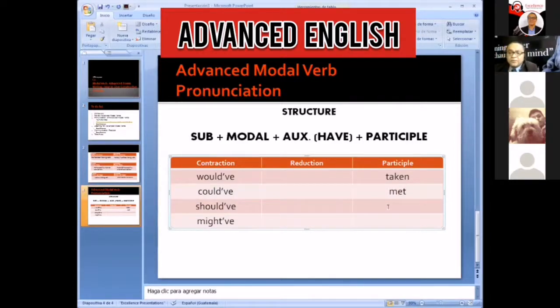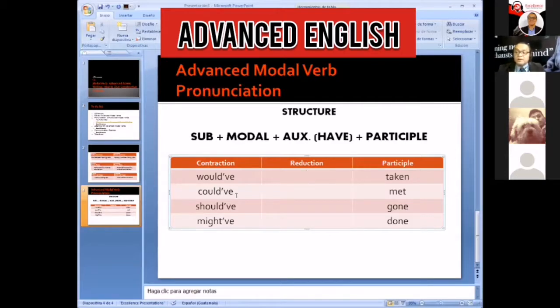We had the verb go: go, went, gone. And the participle form of the verb do: do, did, done. So regularly we would say would have taken, would have met, would have gone, would have done.